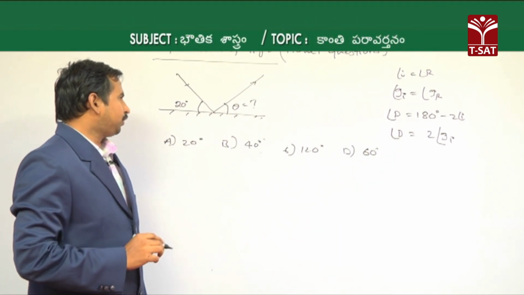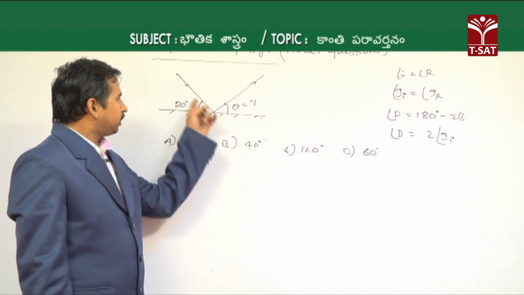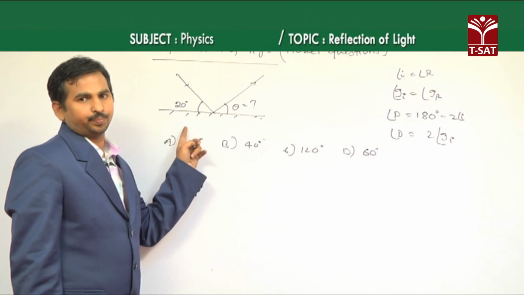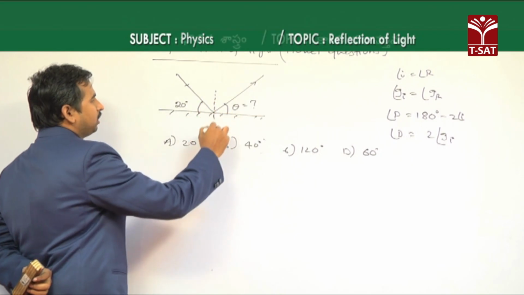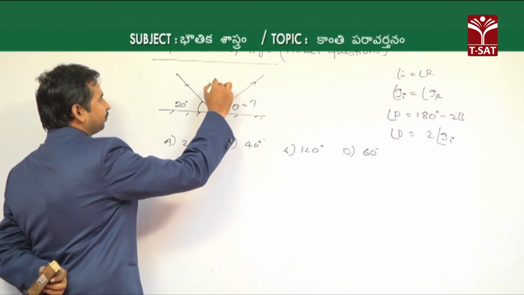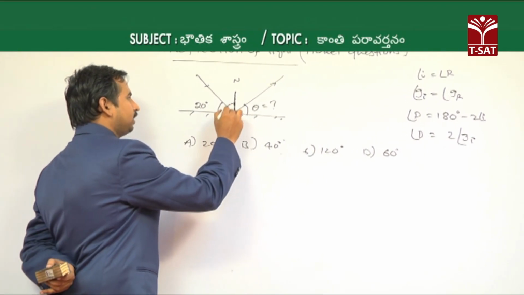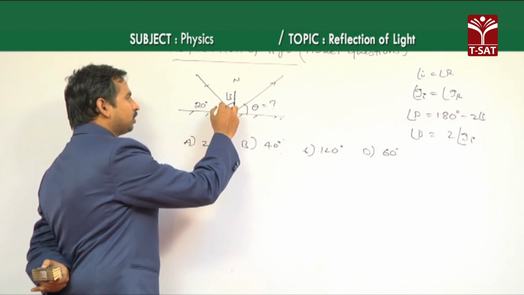Now, if you observe, this is our incident ray, and it makes an angle with the mirror. There is a normal here. With respect to the normal, this is called the angle of incidence i. The angle with the mirror is given as 20 degrees.